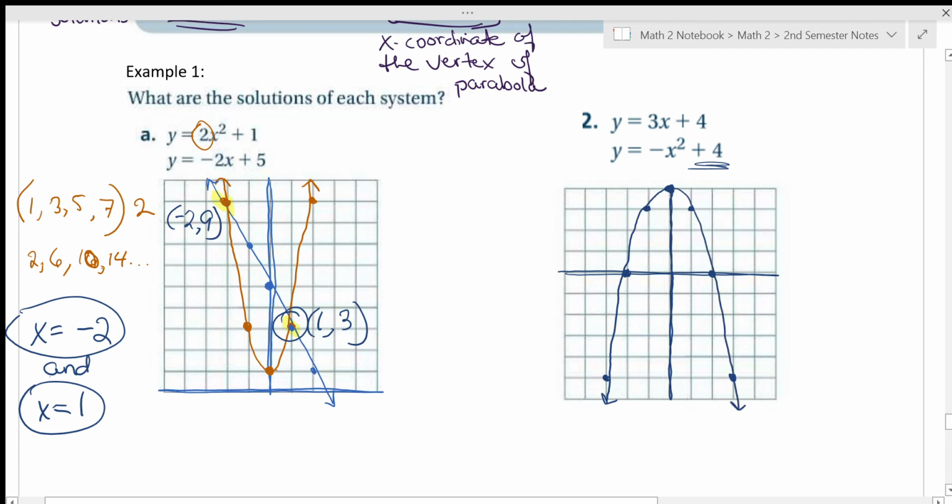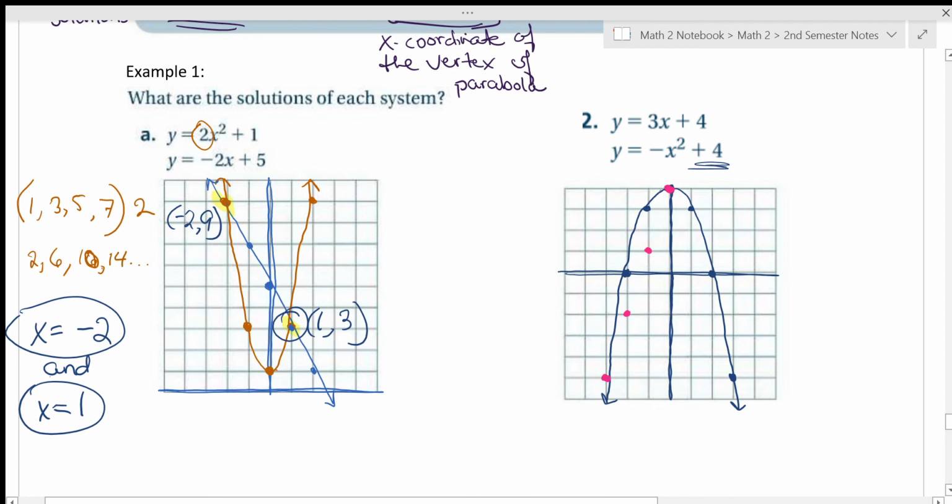Okay, there's my parabola. I'm going to graph my line, which starts at 4 and then has a slope of 3. So I'm going to reverse that. Instead of going up 3 over 1, I'm going to go down 1, 2, 3, left 1, down 1, 2, 3, left 1, down 1, 2, 3, left 1.